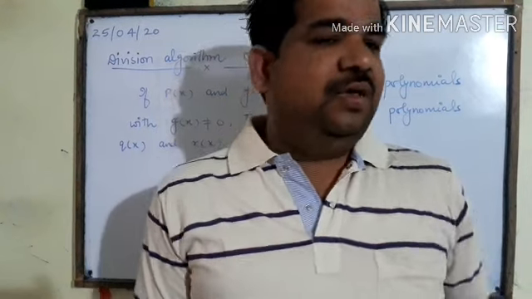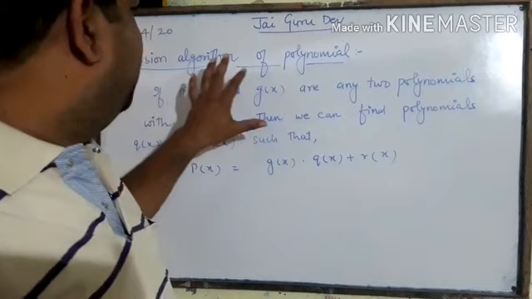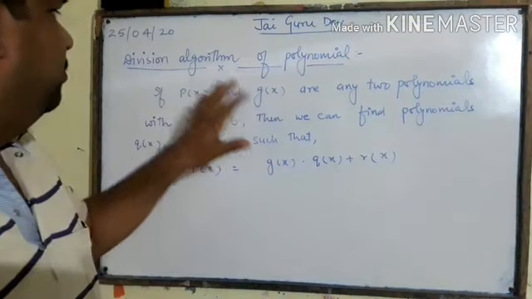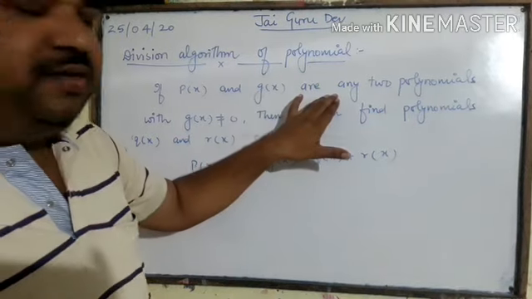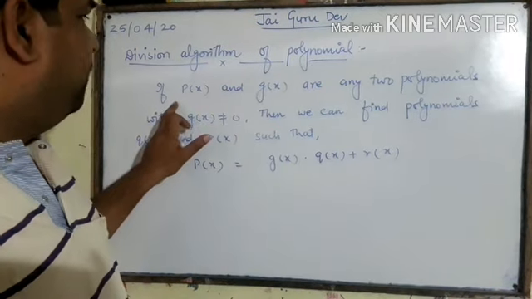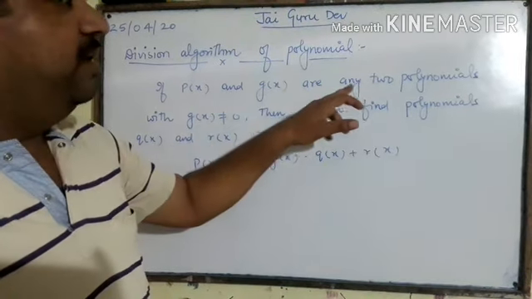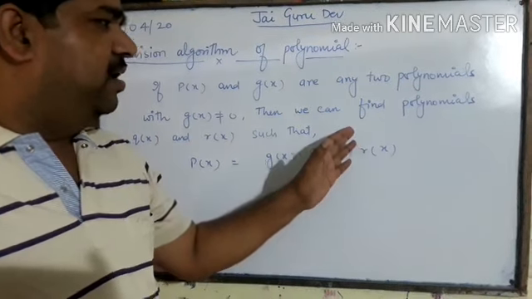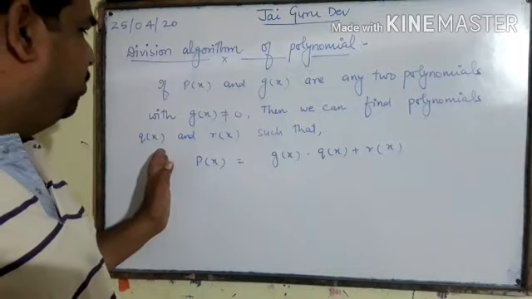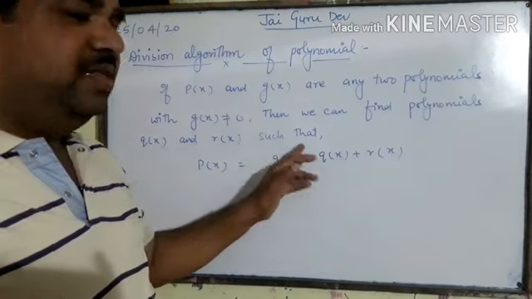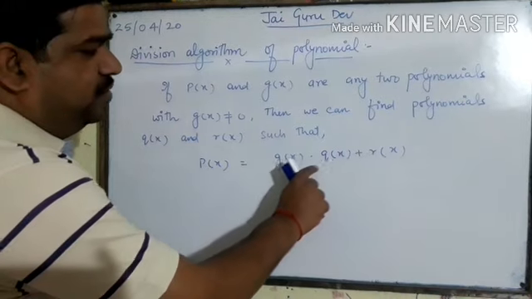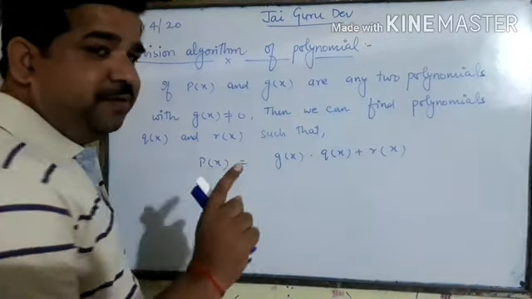In the same way, when we divide a polynomial by another polynomial, the division algorithm states: if p(x) and g(x) are any two polynomials, then we can find polynomials q(x) and r(x) such that p(x) = g(x) × q(x) + r(x).